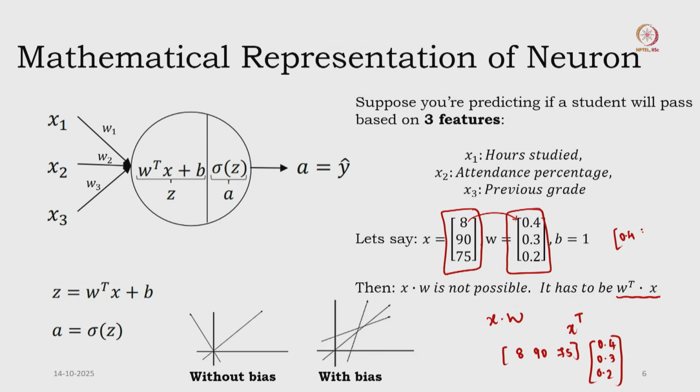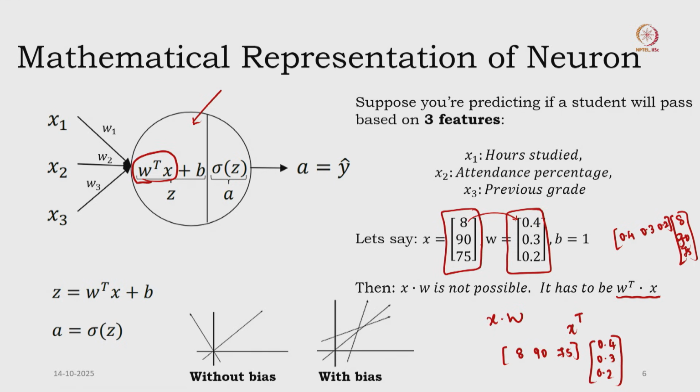We are taking 0.4, 0.3 and 0.2, that is getting multiplied with 8, 90 and then 75. So that is the reason you can see the very first operation that is happening inside a neuron is you are multiplying the input with its associated weight, W transpose X.